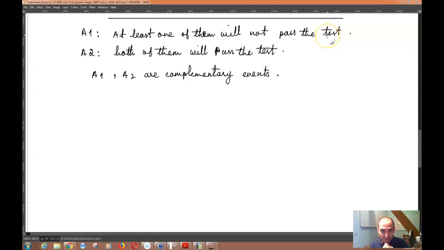That means there is at least one outcome that will favor this event, and complementary to that would be another event, meaning the rest of the students will pass the test, which in this case is just one other student. One of them is passing the test, the other one is not passing the test.